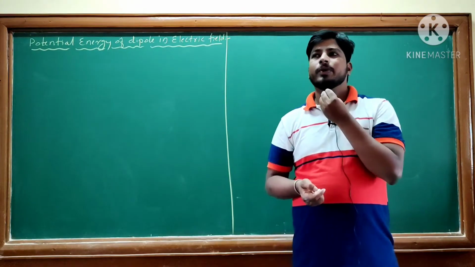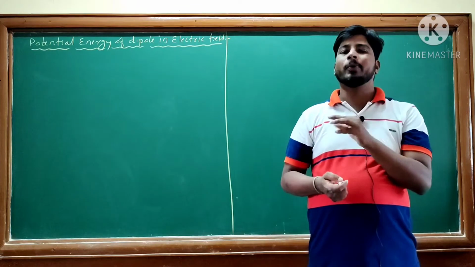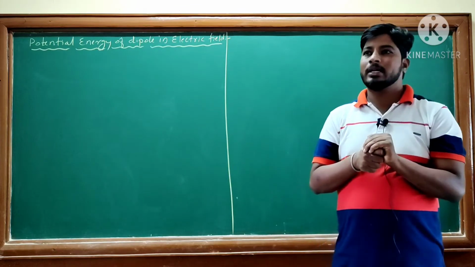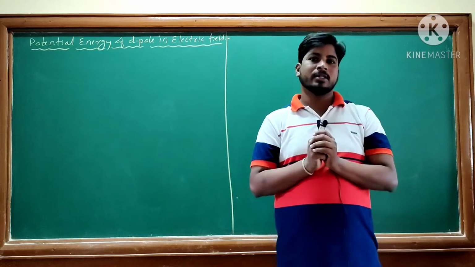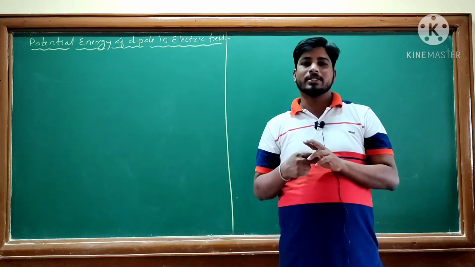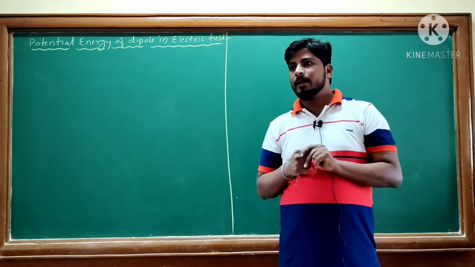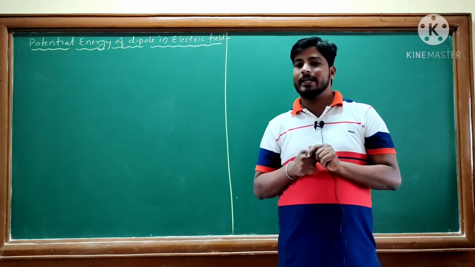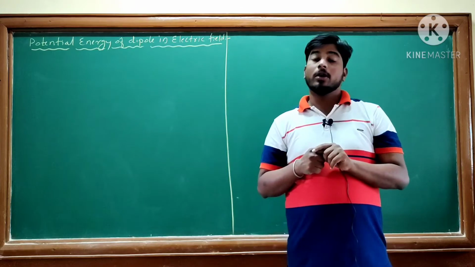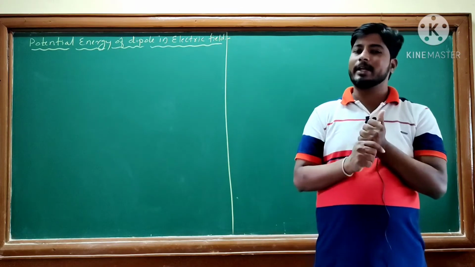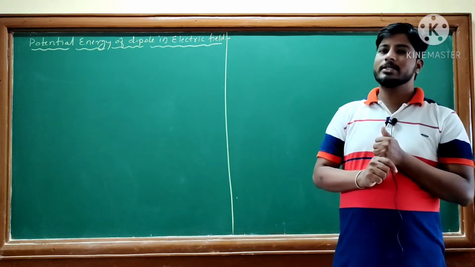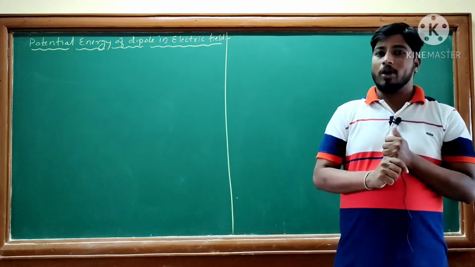Students, we know that an electric dipole is a pair of equal and opposite charges separated by a small distance. We have already studied that when a dipole is placed in a uniform electric field, it experiences torque.